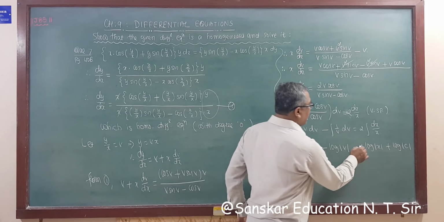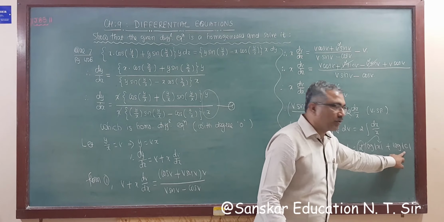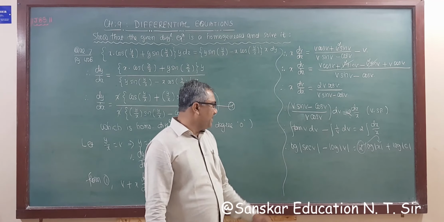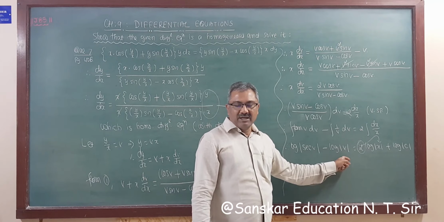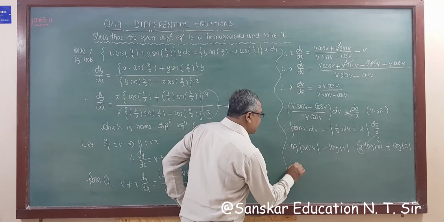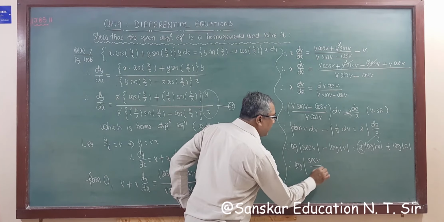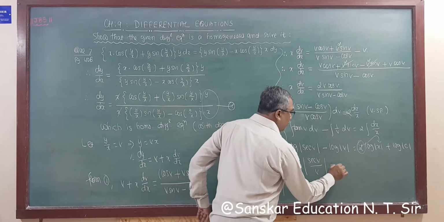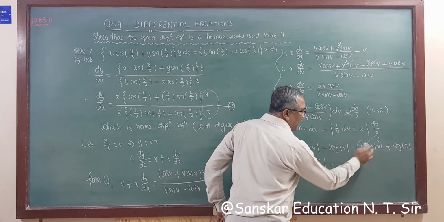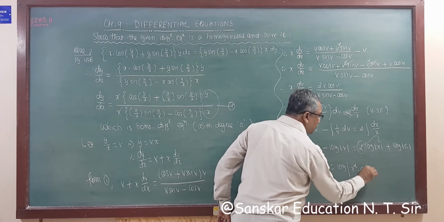Now if you take this 2 to here, it becomes log x square. So log a plus log b is log a into b, and log a minus log b is log a upon b, right? So writing this log mod, this is sec v upon v is equal to log, this becomes x square, and then a plus b is x square into c.